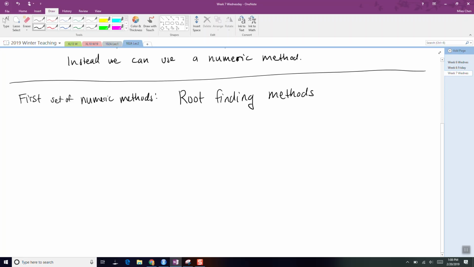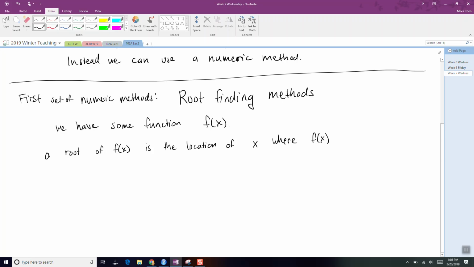We have some function f of x, and a root of f of x is the location of x where f of x is equal to 0.